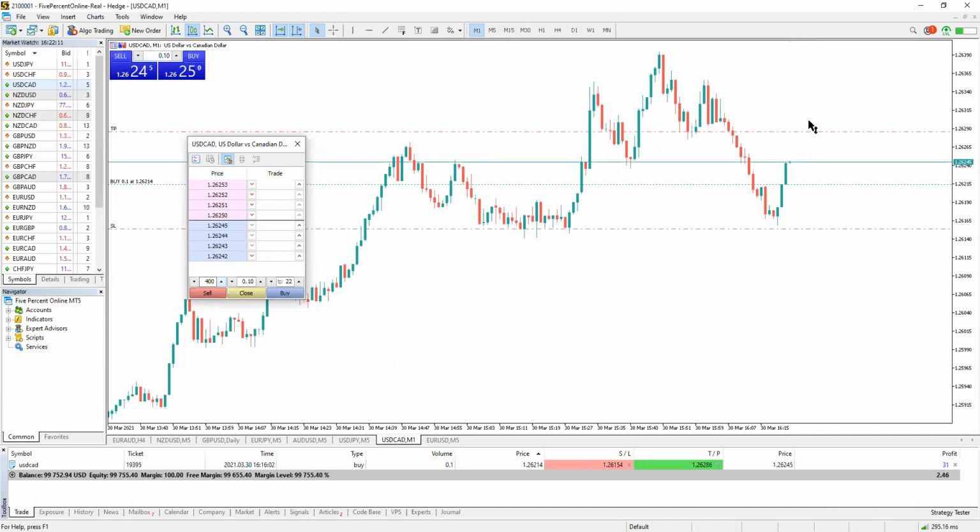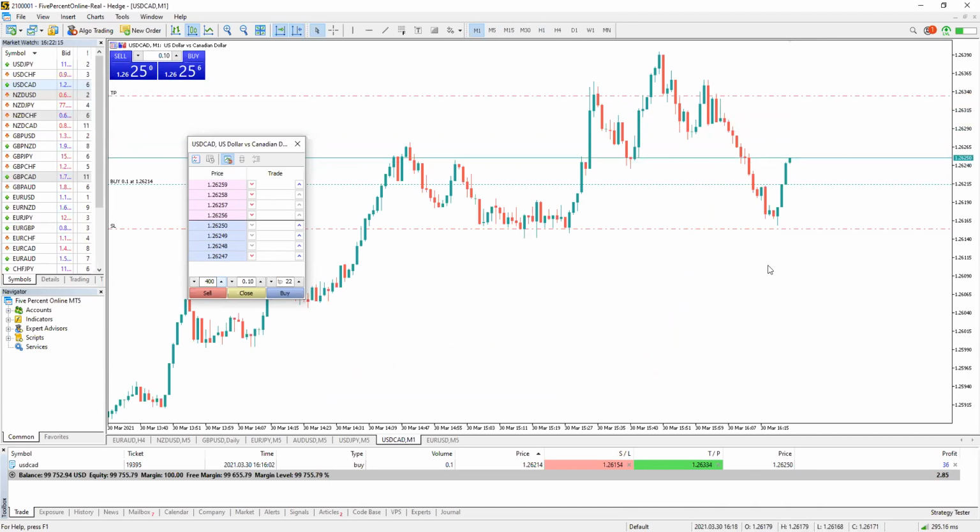So let's see if there's momentum in our favor. And if this starts turning around, I will just close the trade, either for a break-even trade or a minimum loss.